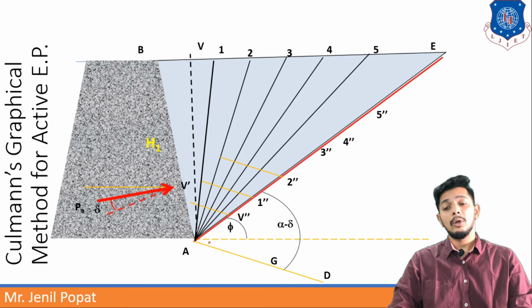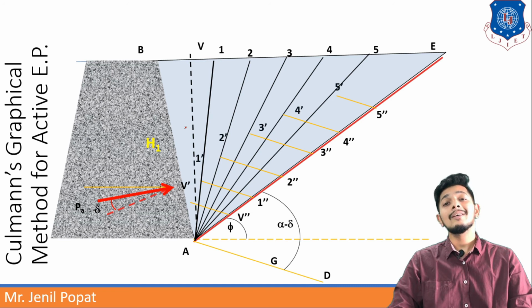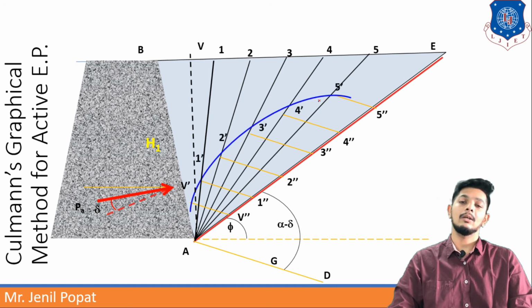So I am drawing lines parallel to the psi line and cutting these arbitrary failure planes at some points. These lines cut A5, A4, A3, A2 and A1, and all these points will draw a curve, and that curve will be known as Coulmann's curve.